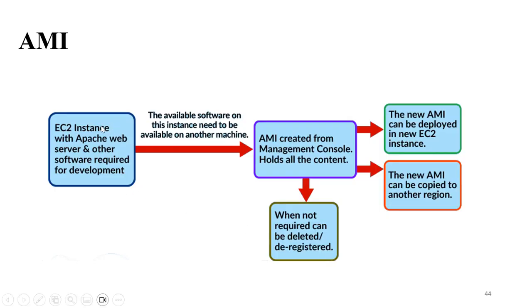So from that EC2 instance we can create custom AMIs, and we can launch new EC2 instances in the same region with a different availability zone, or in a different region also. We can copy it and do that. Let's have the demo of this one.